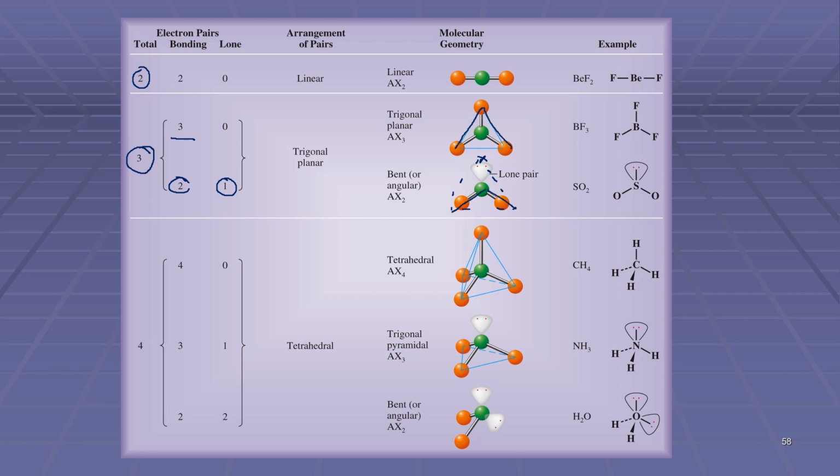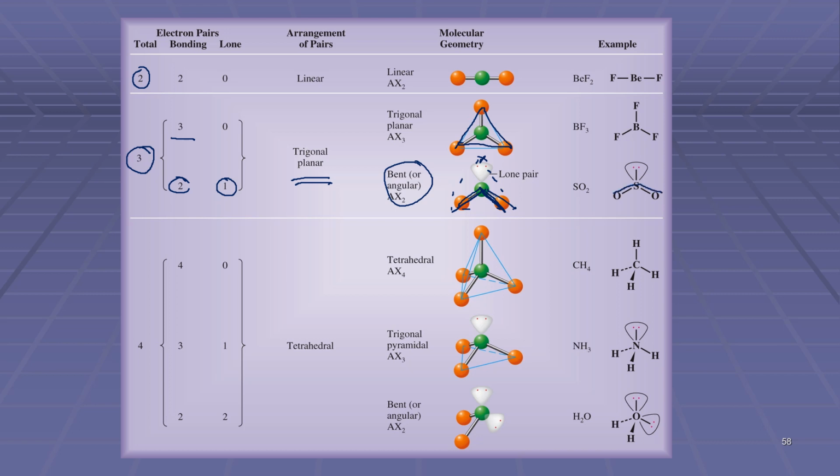Here, this is the whole molecular shape. Here, this is just the molecular shape. So again, the arrangement of the pairs, the domain shape, is trigonal planar. However, the molecular geometry is just called bent, because it's just this part right here. If you're looking at SO2, it's just that part there.